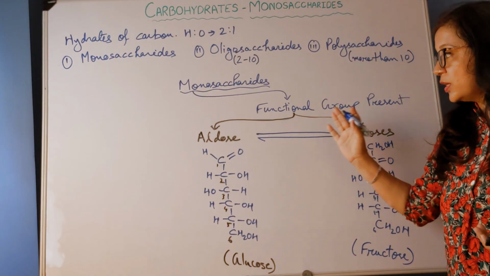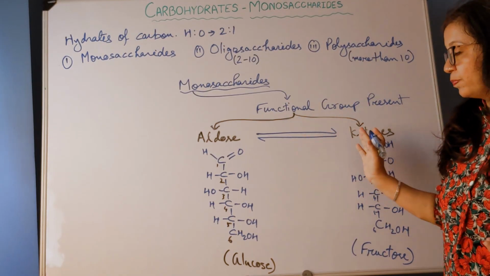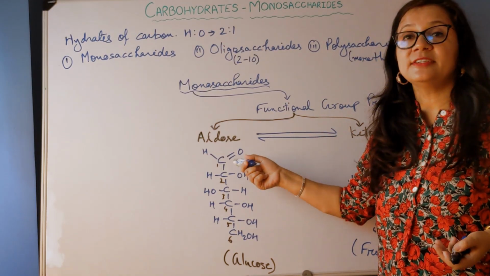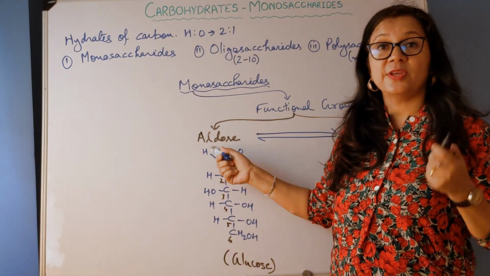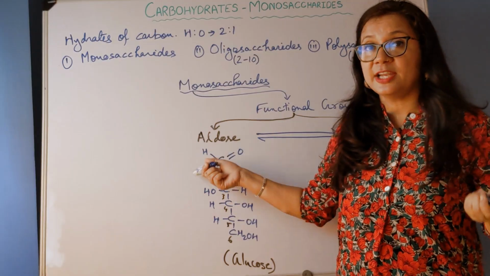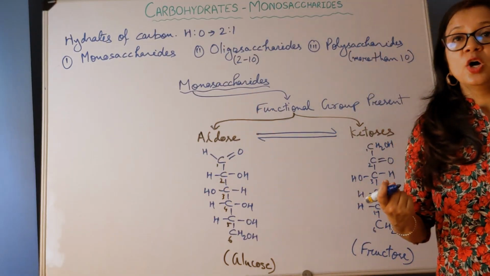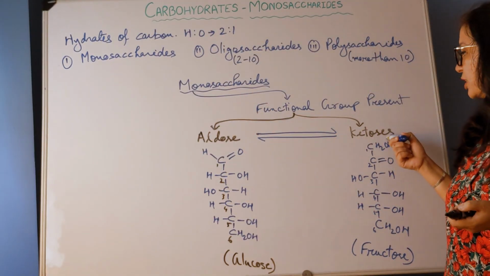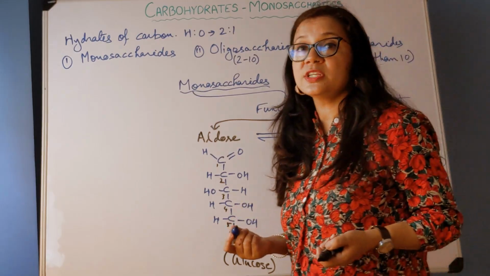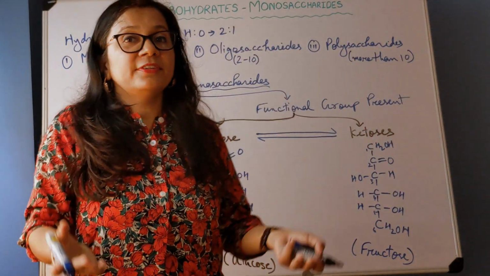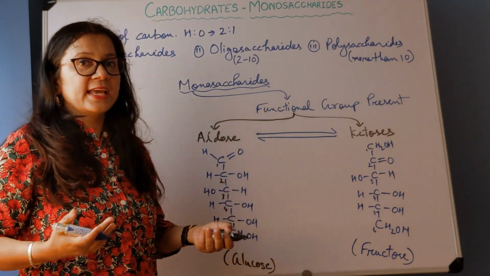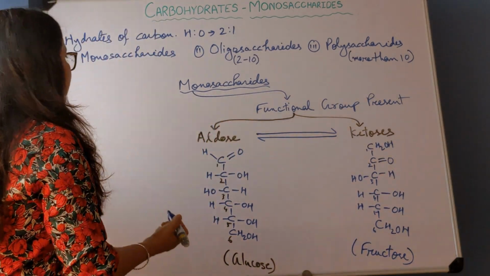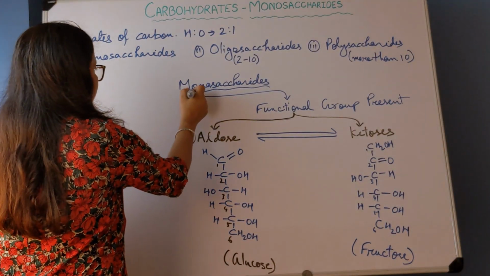Between these two, aldoses are better reducing sugars because they have the terminal hydrogen which can accept oxygen readily. Whereas ketoses are also reducing sugars because they can tautomerize to aldose sugars and hence perform the oxidation reaction.